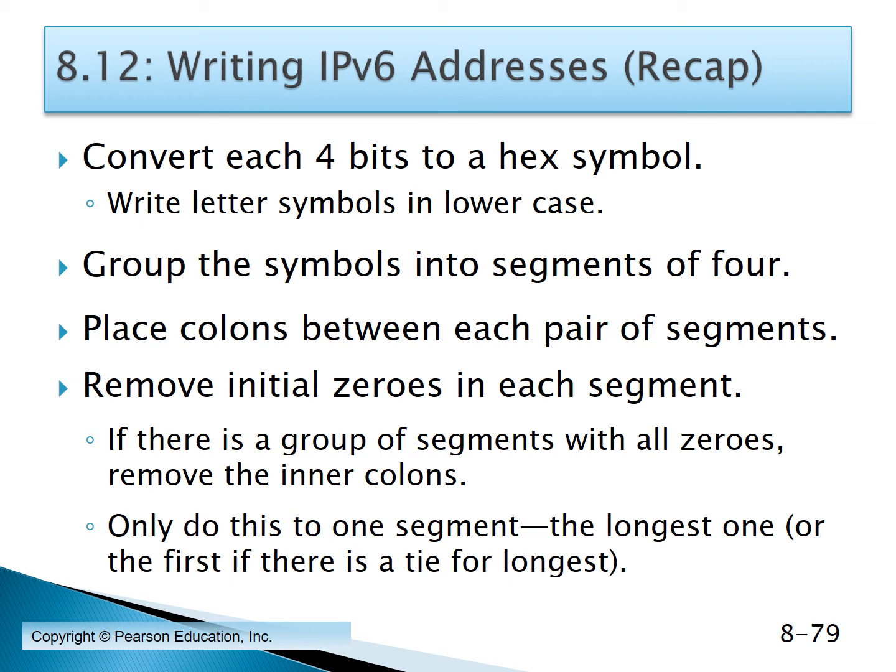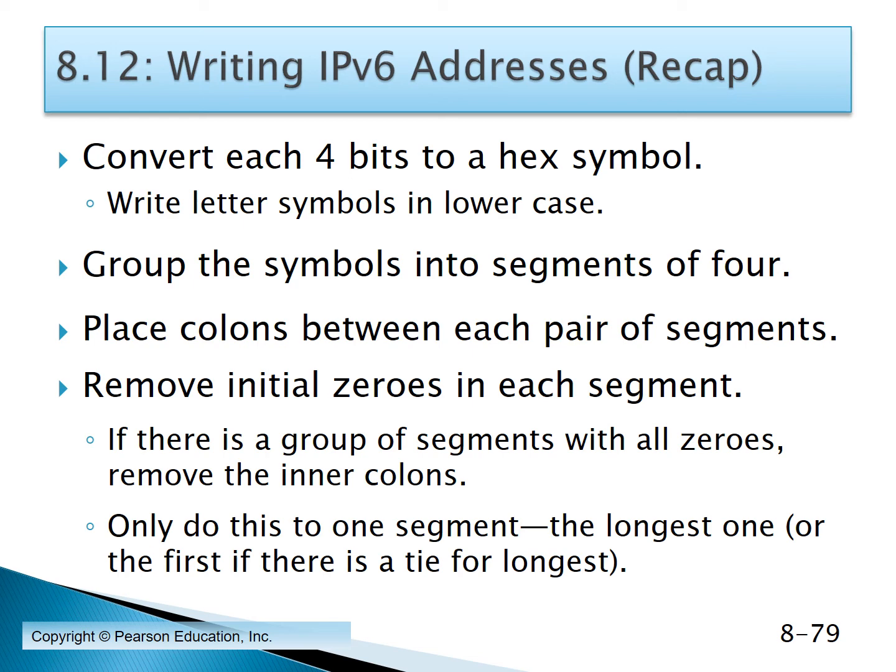So each segment has 16 bits, and each IP address has 8 segments, which is 128 bits in total. Then you place the colons between each pair of segments, and then you remove the initial zeros in each segment. And if there is a group of segments with all zeros, then you can remove the inner colons too.